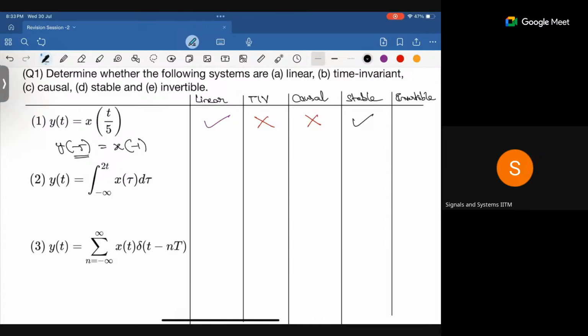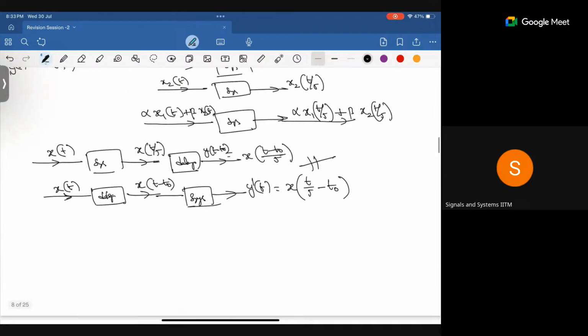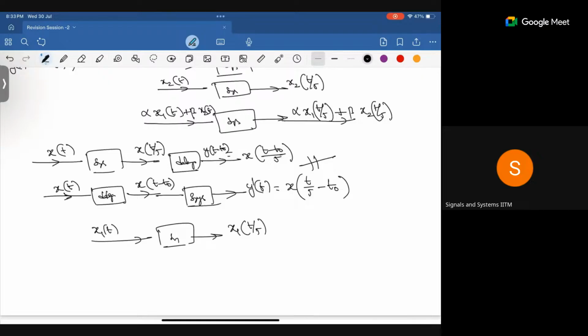Invertibility. Yes. So it is invertible, no? How do you prove the invertibility again? You take x1 of t, give it to the system. This gives x1 of t by 5.